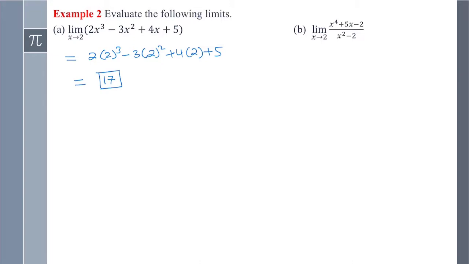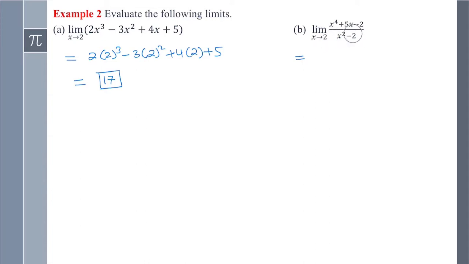Now the next one is a rational function, and for the rational function, we really have to be careful with the denominator. We can do a direct substitution as long as the denominator is not zero. So let's go ahead and check the denominator first. If I plug in 2 here, I get 2 squared, which is 4, minus 2, and that does not give me a 0. That means we can do a direct substitution here. So I can replace x with a. Here a is 2.